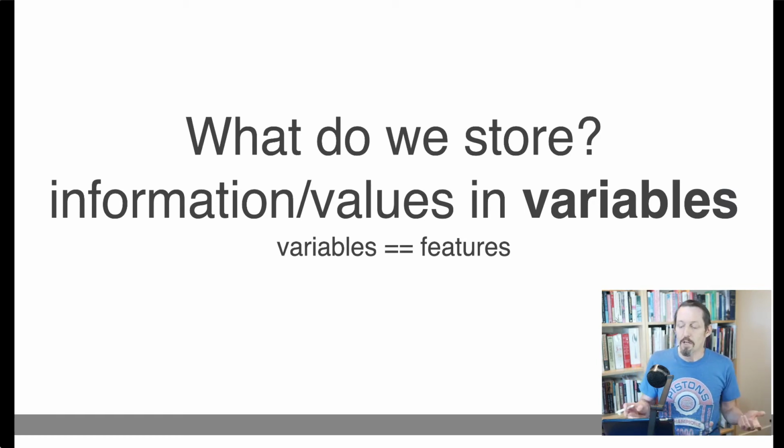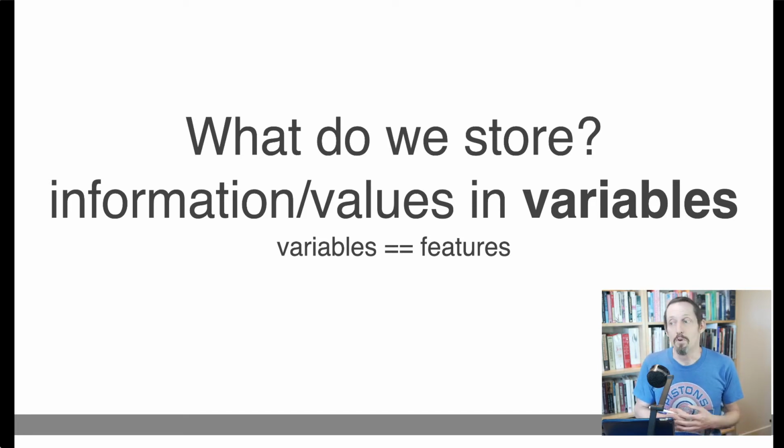All right, so how do we store data? What do we store? Well, we're going to store information in a variable. Variables are the same thing as saying a feature. And you might hear these words used interchangeably, variables or features. Machine learning tends to use the word feature a lot.